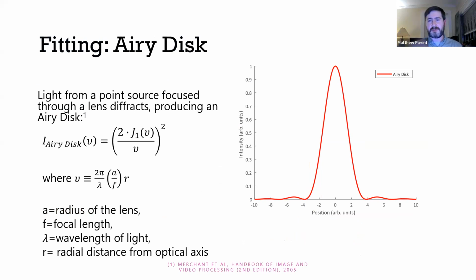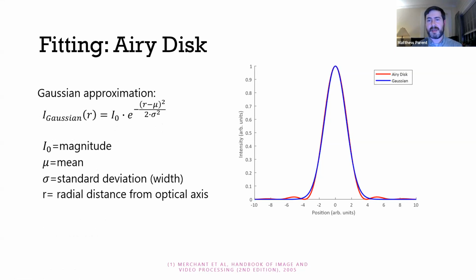And most of the time, our point spread functions are in the form of an Airy disk. But fitting this Airy disk is actually a little tricky. It's a little messy, and these extra rings here in the corner don't really contribute very much. So what typically happens instead is we fit to a Gaussian, which is a very good approximation to an Airy disk. You can see here the blue is the Gaussian overlaid on top of the Airy disk.